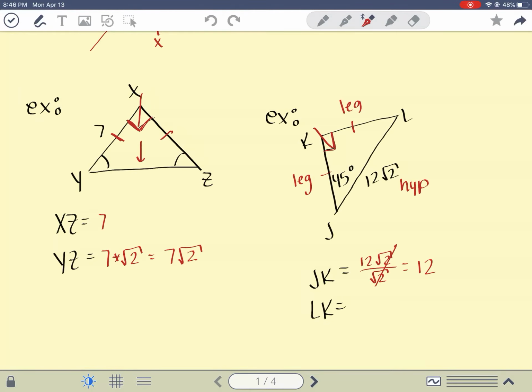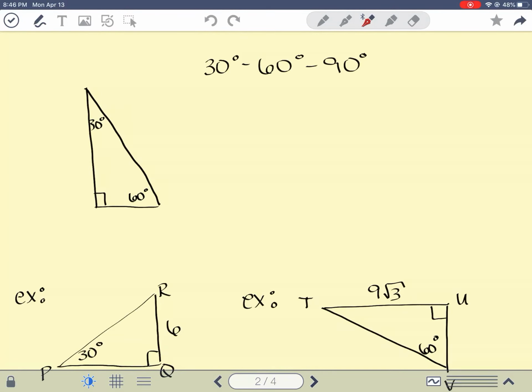The nice thing here is these just cancel right out. So JK is going to be 12, which means LK is also 12. These are just a few simple examples, and we'll look at more here in a little bit. But I'm going to go ahead and introduce the next type of special right triangle.